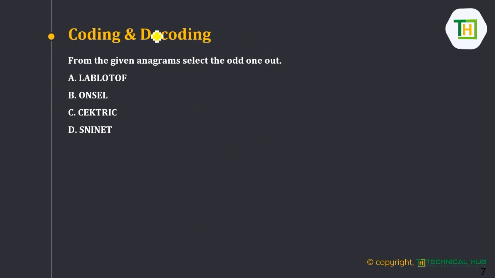Yes, this is coding and decoding. No, here this is the odd one, odd man out. From the given anagram, select the odd one out. This problem is already explained. What is the logic here? First of all, the given word is converted into a meaningful word. What is the meaningful word?